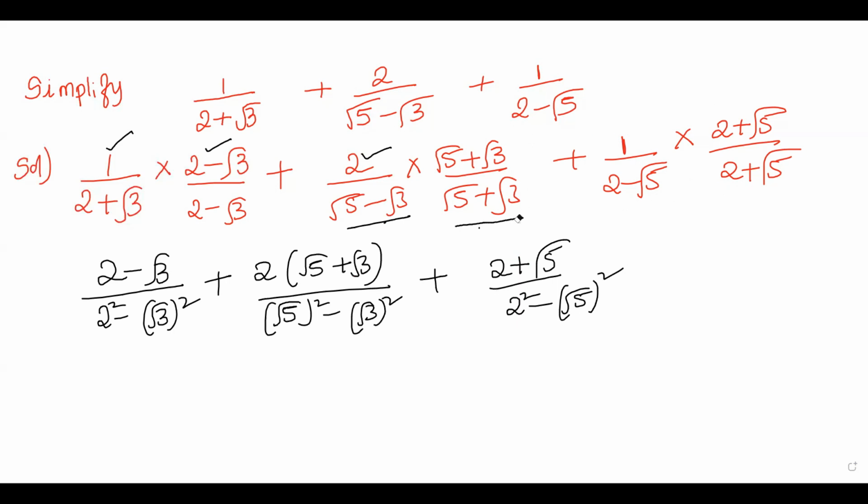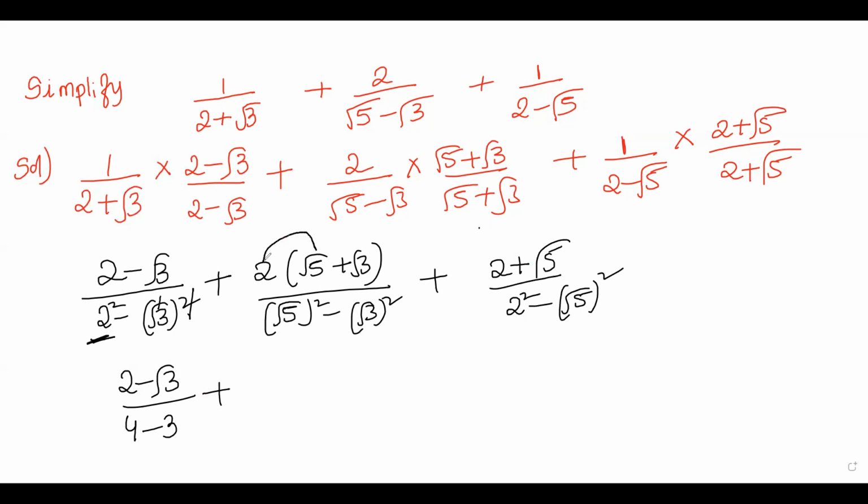Now let us further simplify. 2 minus root 3. 2 square is 4. Square and root will get cancelled. 3 will remain. 4 minus 3.